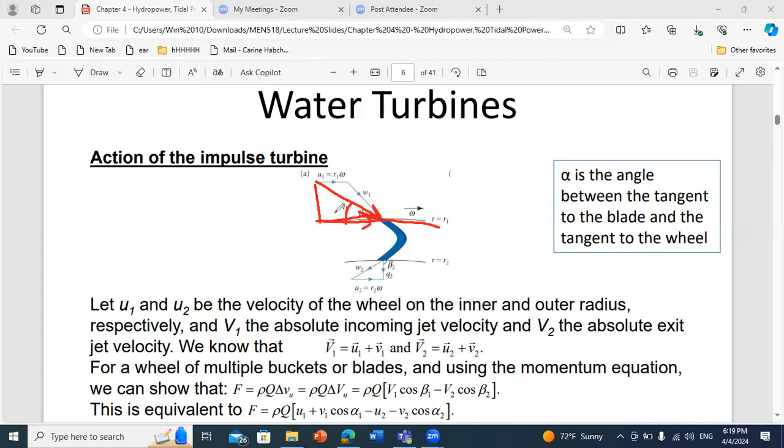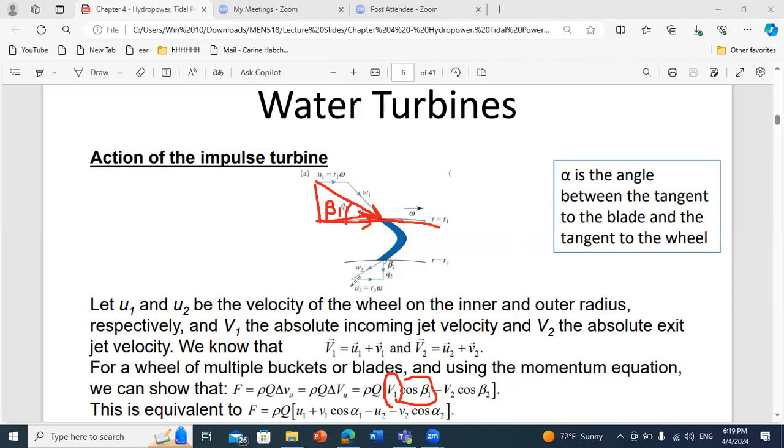So beta 1, let's say, is defined as the angle between the absolute velocity and the tangent line. Now we have to project this velocity. So we take the absolute velocity magnitude times cosine beta 1 to get the component along the tangential direction, minus V out tangential.